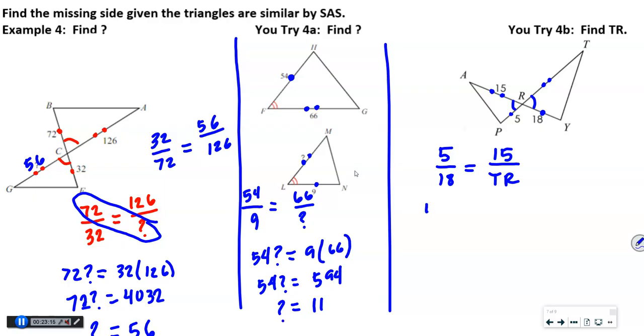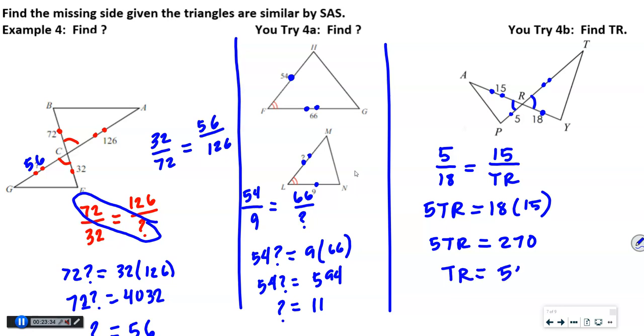Okay, so 5TR is equal to 18 times 15. 18 times 15 is 270. So 5TR is equal to 270. Divide both sides by 5. So TR is going to be equal to 54.